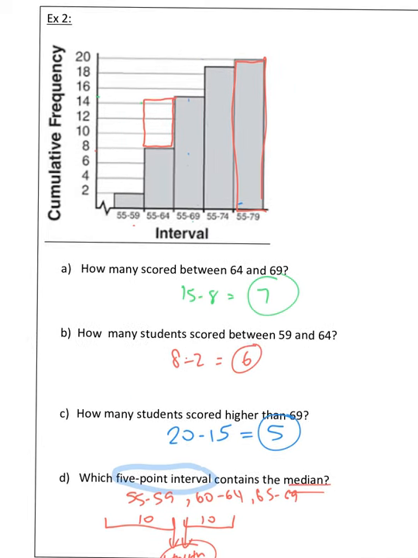Let me erase this. In this bar right here, I have the first 8 people, and in this bar over here, I have the first 15 people. So the 10th and 11th person are in this group that got added on from bar A to bar B. If this bar is 55 to 64 and this bar is 55 to 69, then it's the 5-point interval 64 to 69.